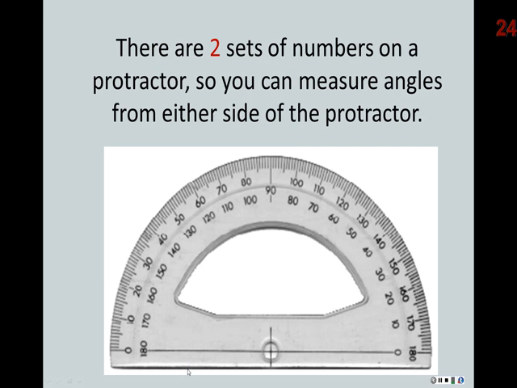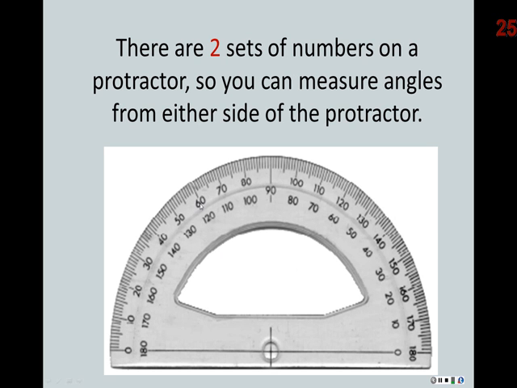So I want you to look at this protractor. Remember, when you put your angles in the protractor, you want to line it up right here. The vertex of that angle needs to be lined up right here. And wherever that angle hits, you're going to have two things to look at. There's going to be this angle and that angle.